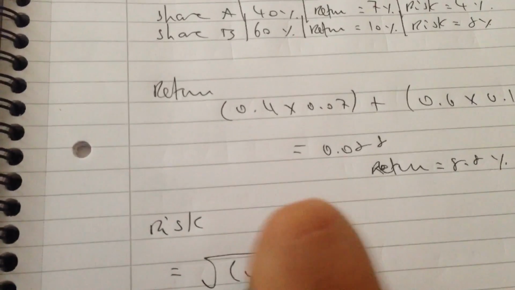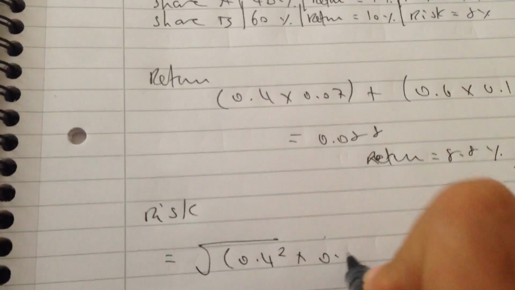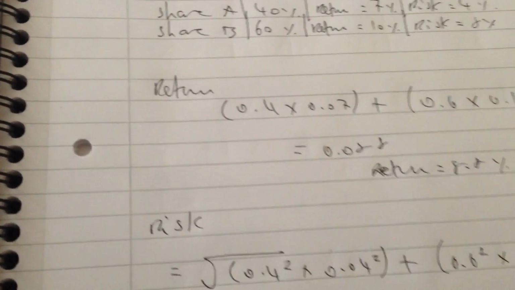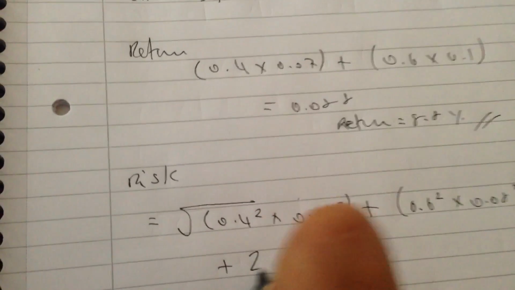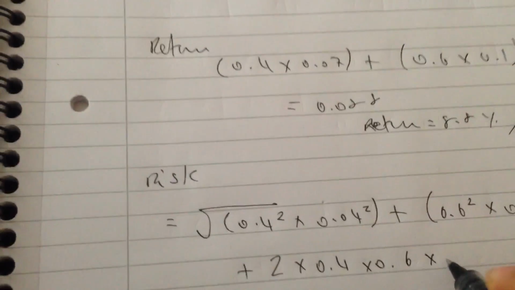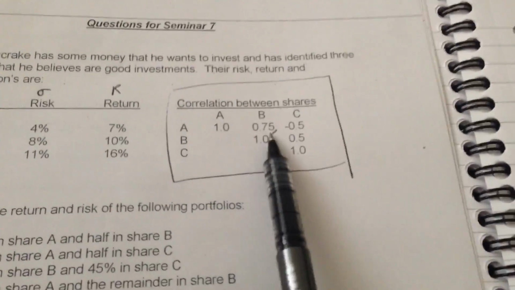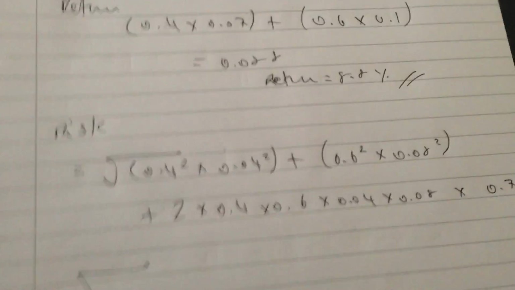What's the first weight? 0.4 squared multiplied by the risk, 0.04 squared, plus the weight of share B, 0.6 squared, multiplied by the risk in share B, 8%, 0.08 squared, plus 2 multiplied by both weights, 0.4 multiplied by 0.6 multiplied by both risks, 0.04 multiplied by 0.08 multiplied by the correlation between A and B, 0.75. Get our three values.